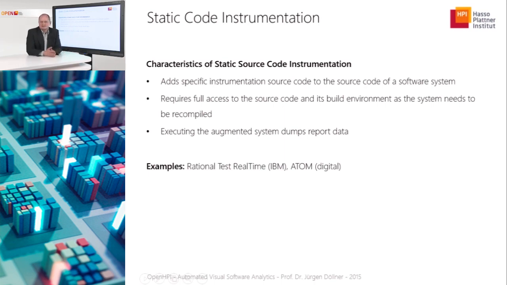So the system has to be recompiled to obtain the instrumented version of the software system. The execution of the augmented system then dumps report data, the execution trace data, for example. Examples: there are many tools around, for example, Rational Test Real-Time from IBM or Atom from Digital.